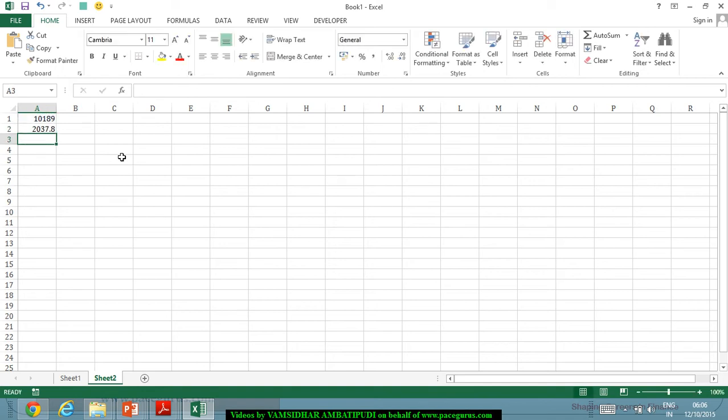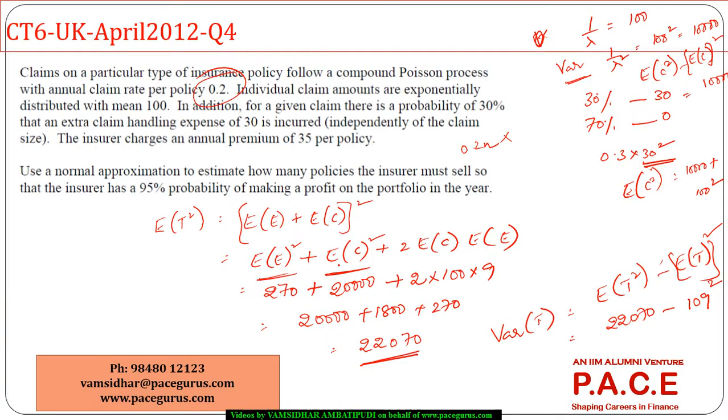So this is the variance of n policies. Now I can clearly see what the number of policies that need to be sold should be.